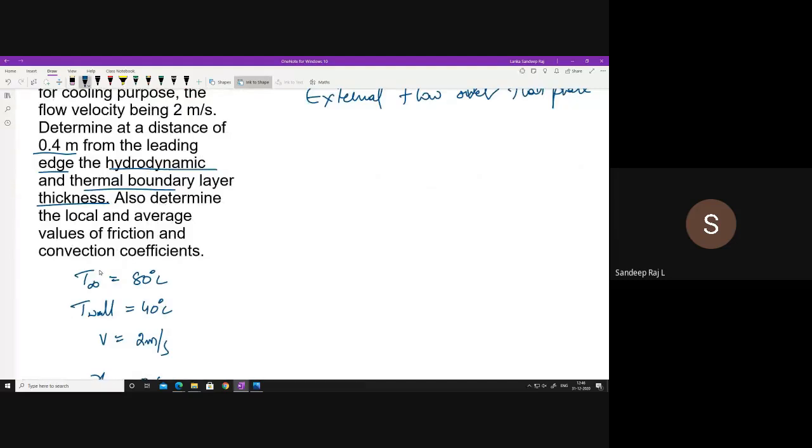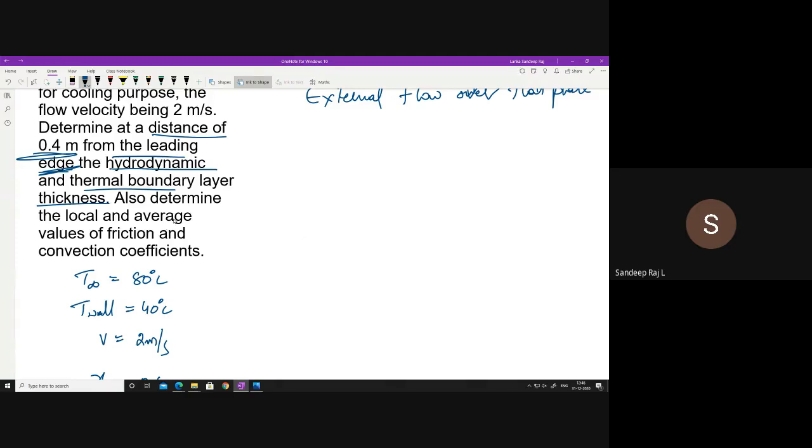We are not taking this as L because he is giving a certain distance from the leading edge, and the overall distance he has not given. So you don't know whether the flow is over the 0.4 meter or not, but that is not required here. Since it gives that distance of 0.4 meters from the leading edge, you will use it as x and solve it.